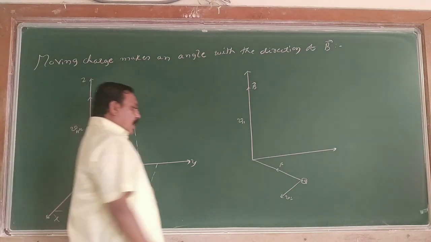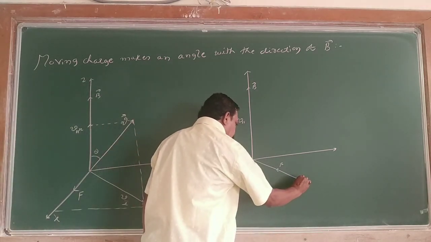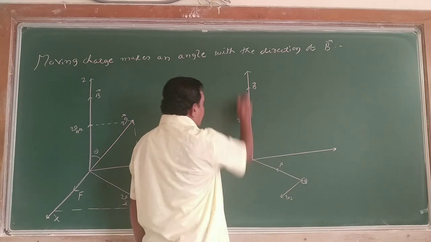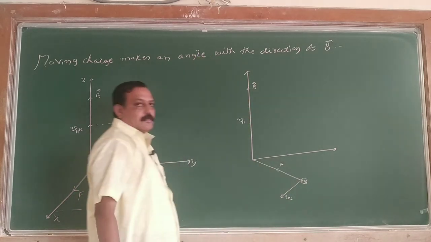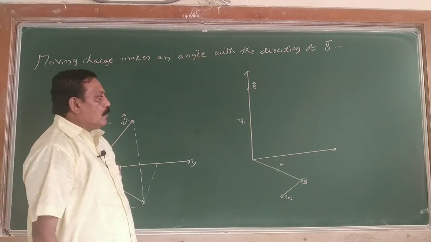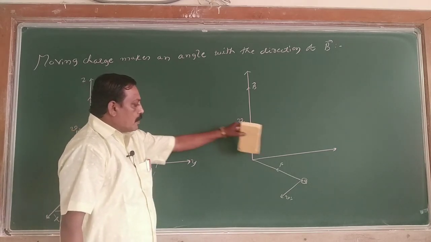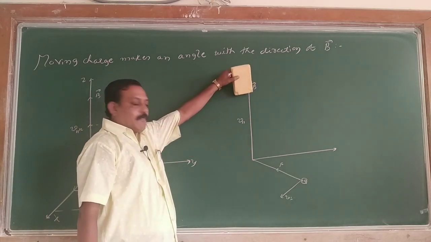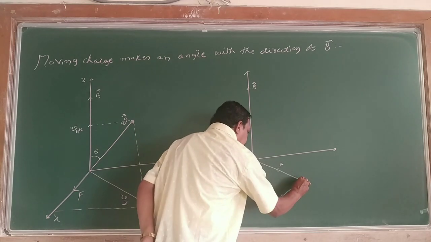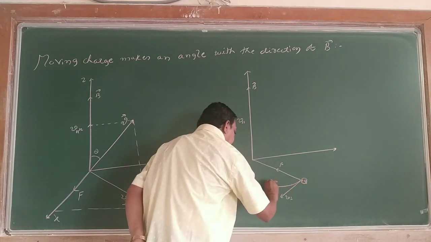And this charged particle moves along the direction of the magnetic field. The parallel component makes the charged particle move along the direction of the magnetic field to trace the helical path.